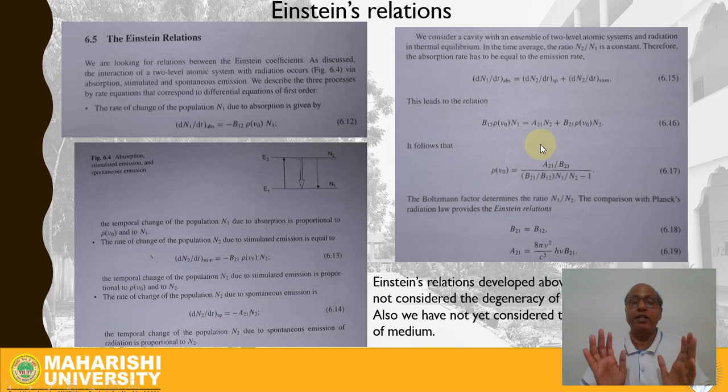Now let us look at the equilibrium condition case. The absorption was happening from 1 to 2. That means atoms were transiting from level one to level two. So under thermal equilibrium condition, this absorption rate will be equal to the sum of the two emission rates. The first emission rate is because of the spontaneous emission, that is this one.